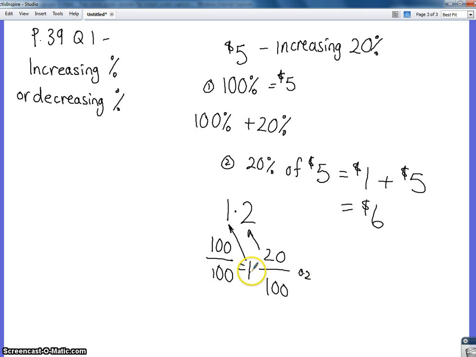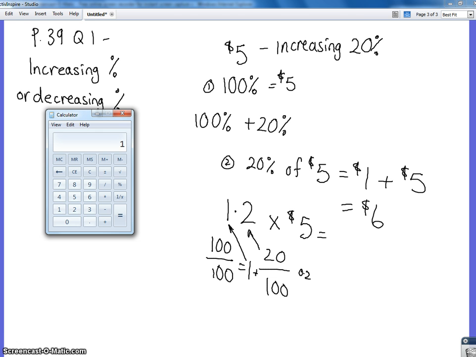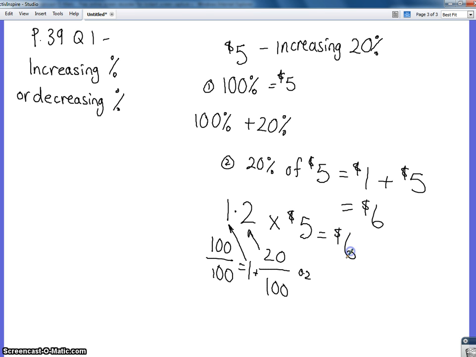So what we're doing is adding in the first instance our 1 plus our 0.2. So if we were to do 1.2 times $5, do that on your calculator. You get the answer straight up. $6.